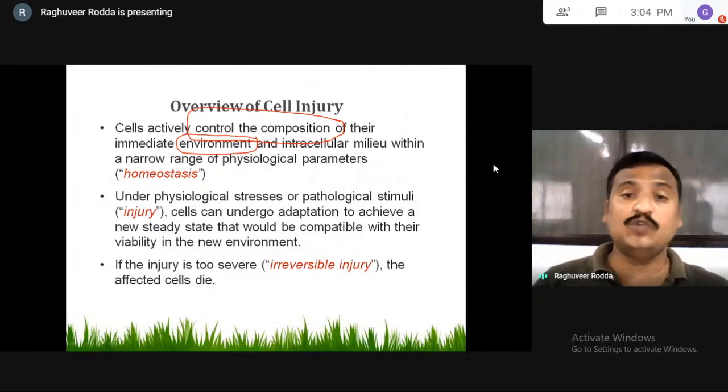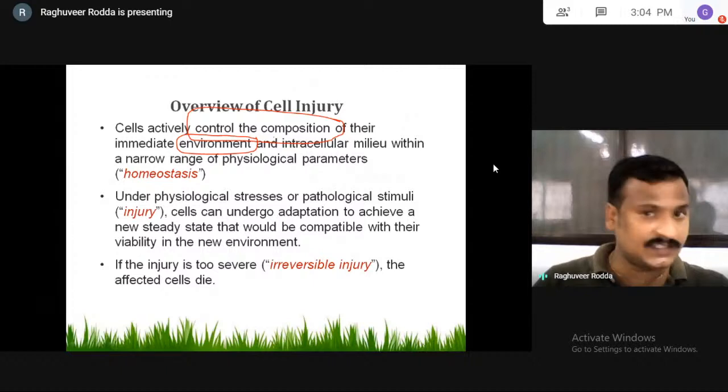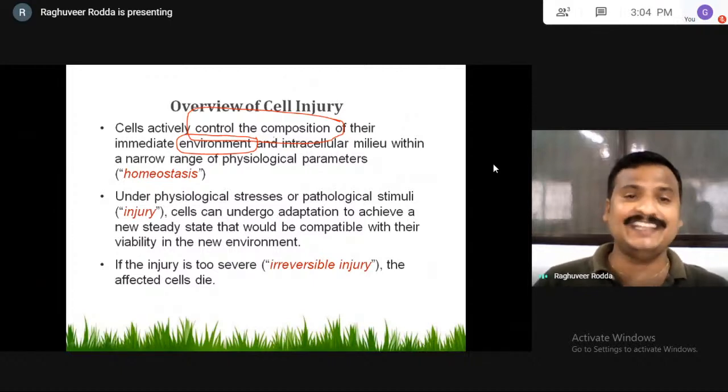It can perform its functions when it is present in a suitable environmental condition. So to maintain that, the cell actively controls the composition of its surrounding environment.